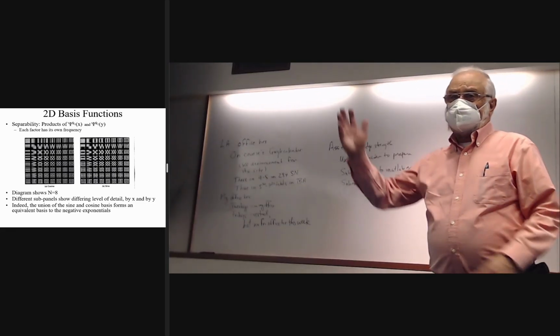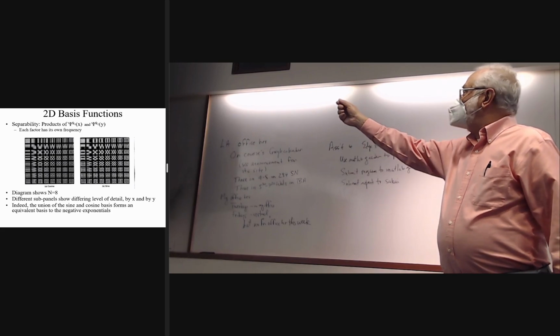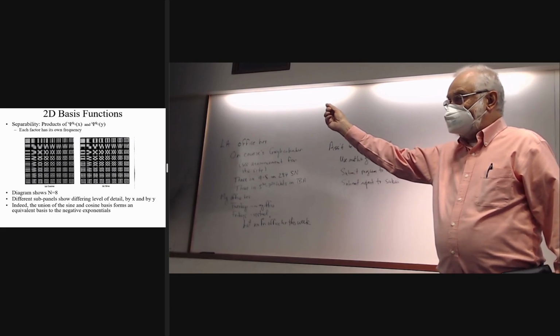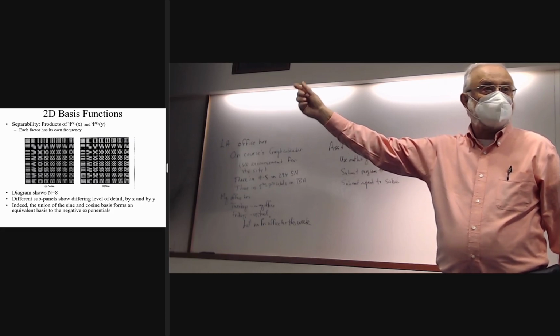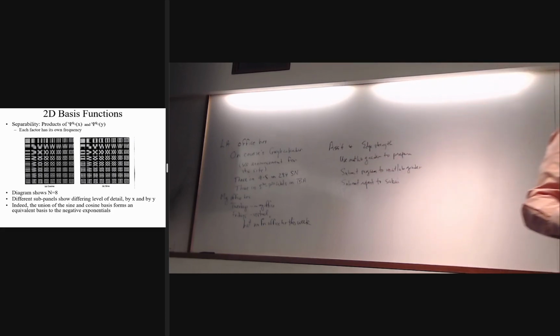Well, if you think about the way these frequencies go, the level of detail that they capture is smaller and smaller as you go left to right or top to bottom. A sinusoid that goes up and down very fast is really good for capturing image data that has small details.